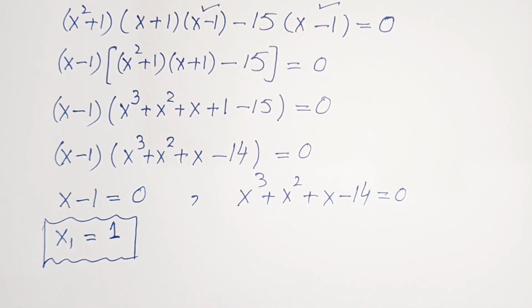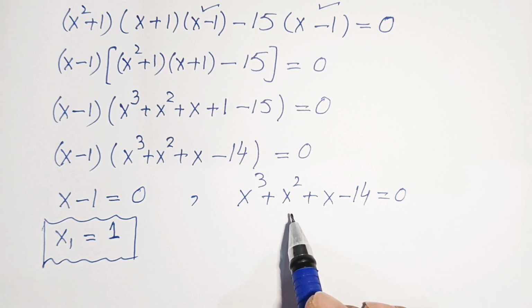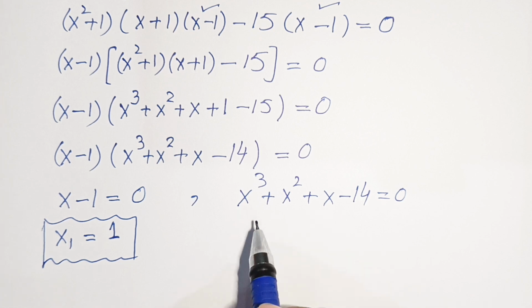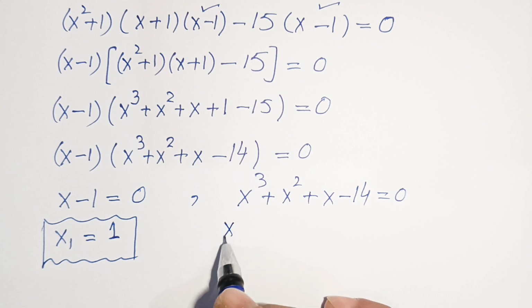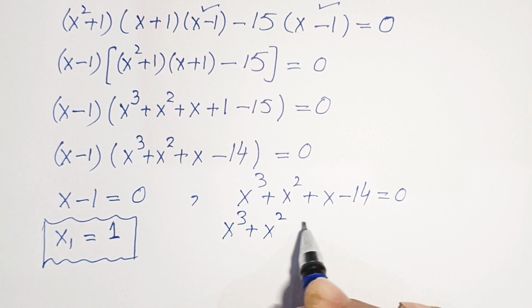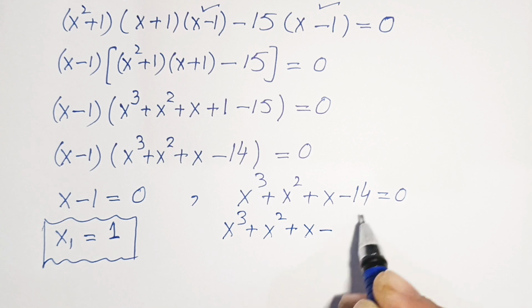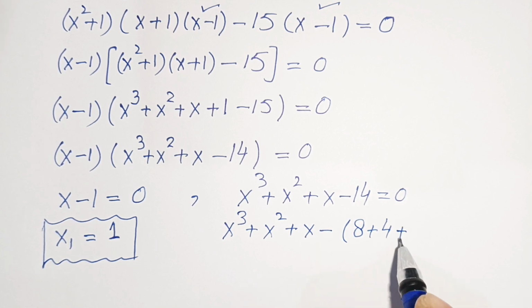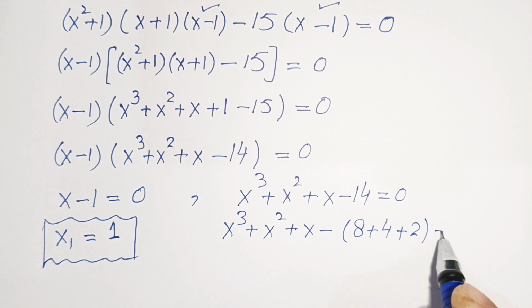Now if we are going to solve this cubic equation, we have x cubed plus x squared plus x minus this 14, which can also be written as 8 plus 4, which is 12, plus 2 is 14, is equal to 0.